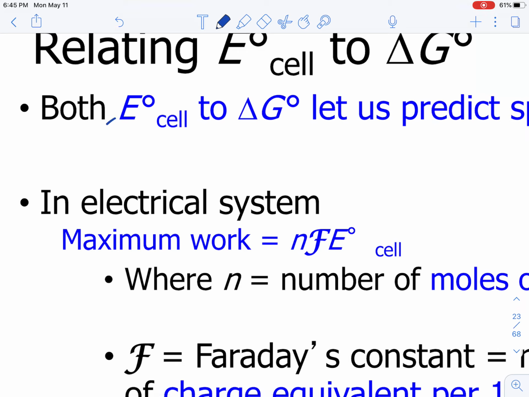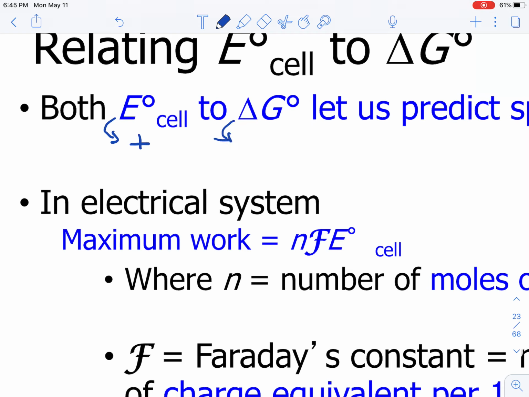If a reaction is spontaneous and we calculate its cell potential under standard conditions, the sign for the standard cell potential should be positive.